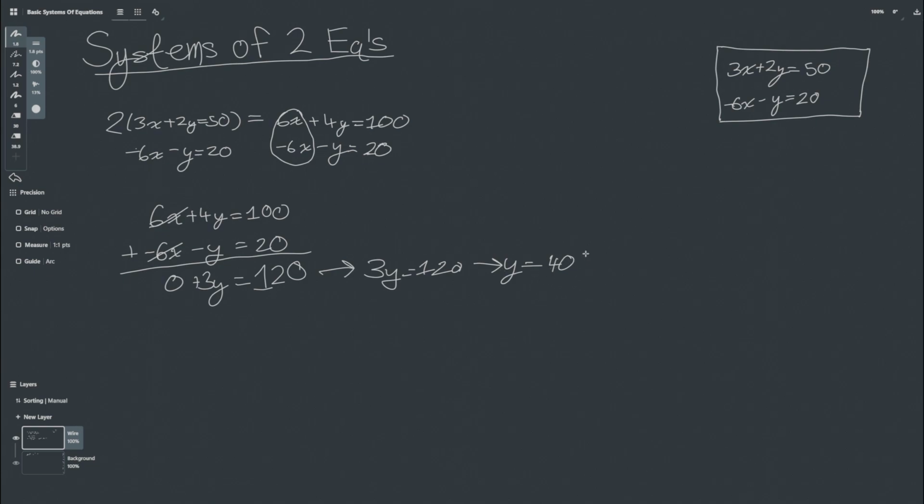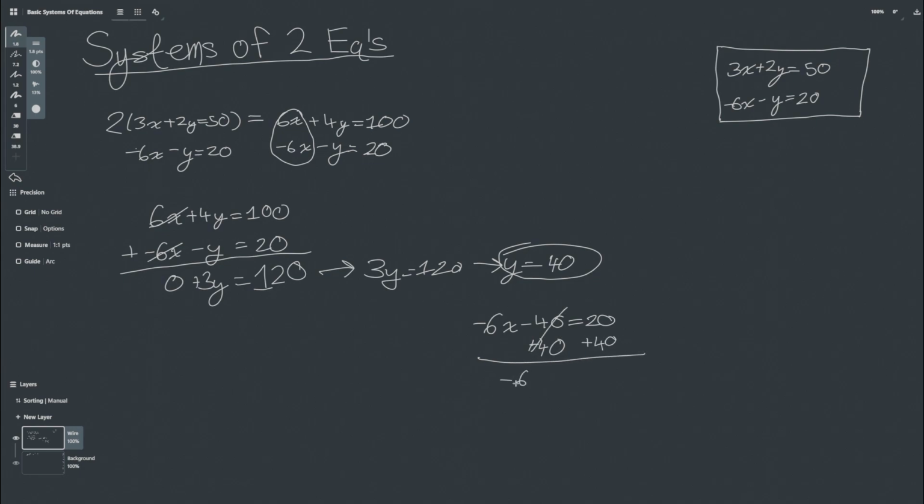So now our final step is we can take this and plug it into either one of our starting equations. So I'm going to do it on the bottom equation because that seems a bit simpler to me. Alright, so we have minus 6x minus y, but we know y is 40, so we can say minus 40 equals 20. Now we just need to solve for x. So add 40 to both sides. Those cancel out.